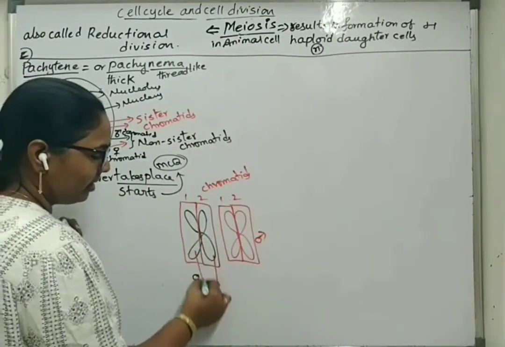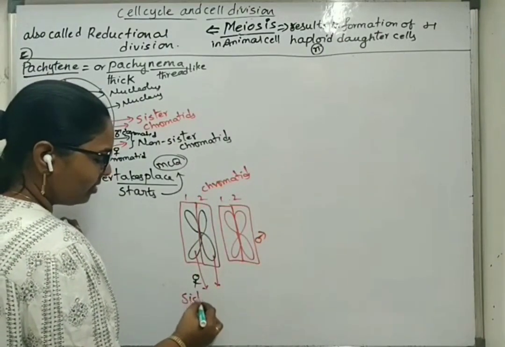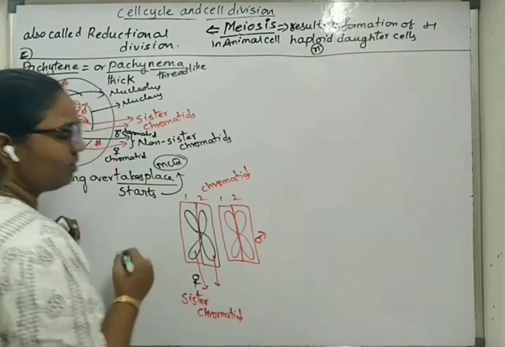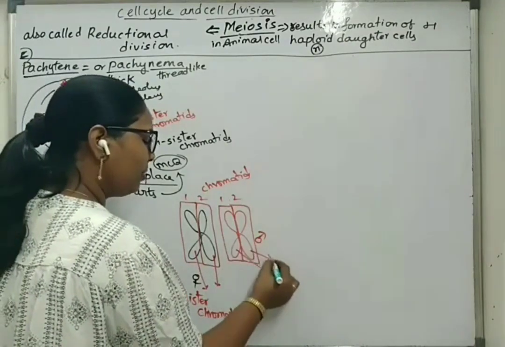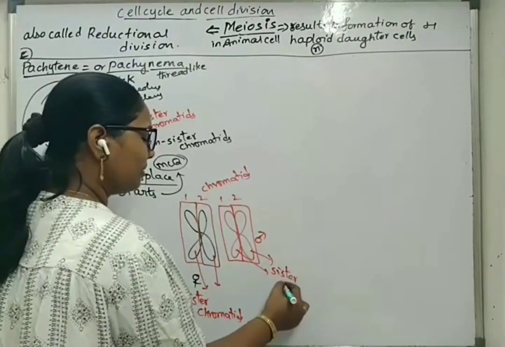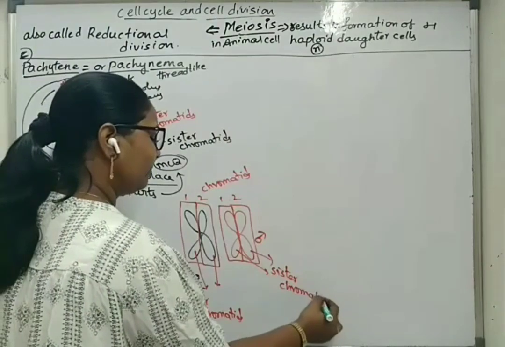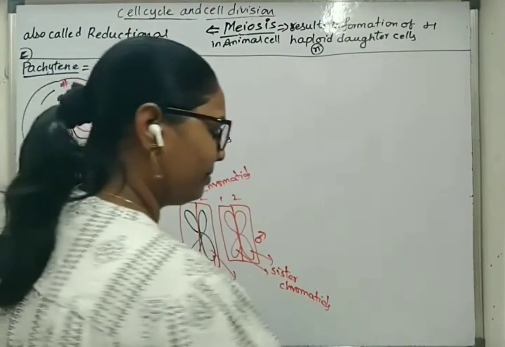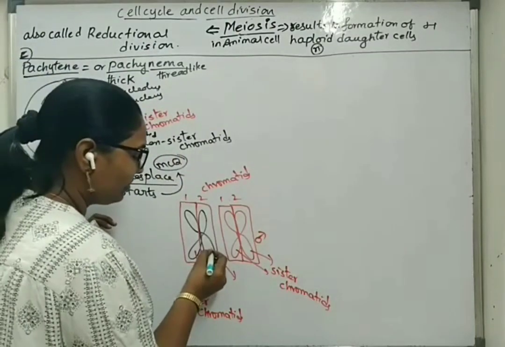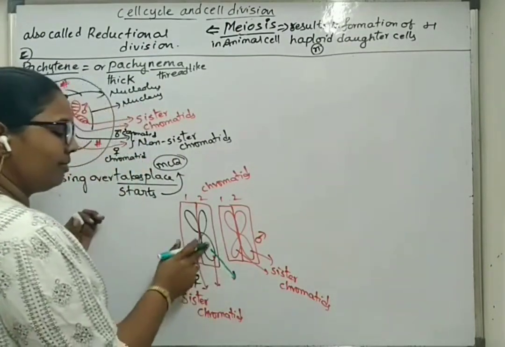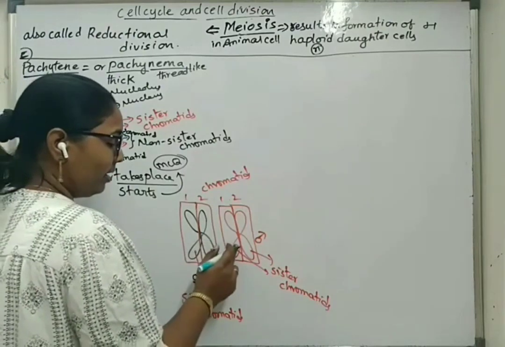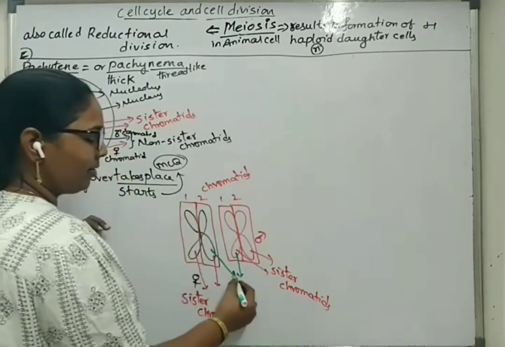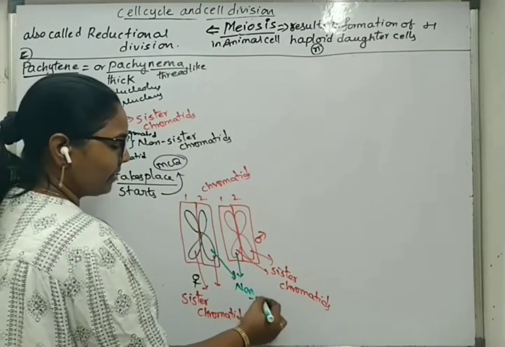These chromatids are called sister chromatids. Same, this and this are called sister chromatids. But this chromatid from the female chromosome and this one from the father chromosome together are called non-sister chromatids.